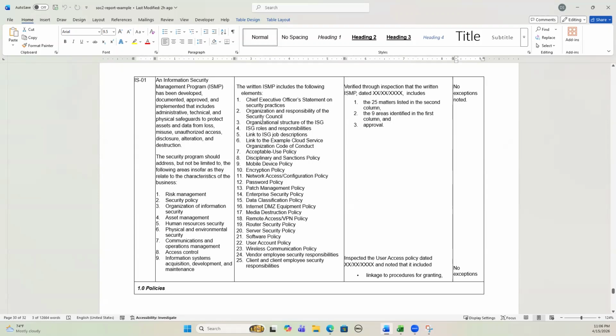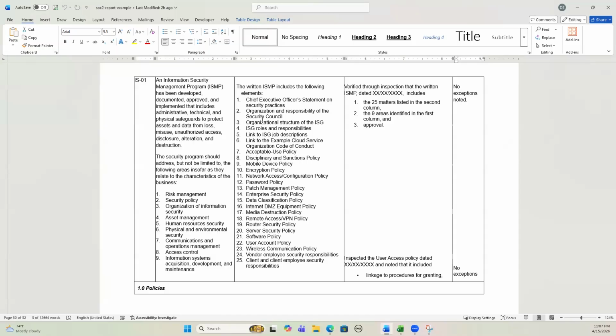And that's what a clean report looks like. So that means the auditor tested every control and it worked exactly as the vendor said it would. No problems found. And that's what you want to see.